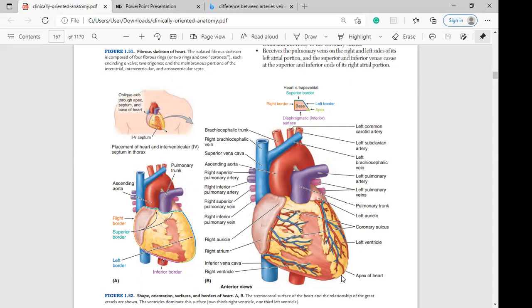Tunica media, what do you find? External elastic membrane and smooth muscle. And then the last tunic is the adventitia. What about in the veins?